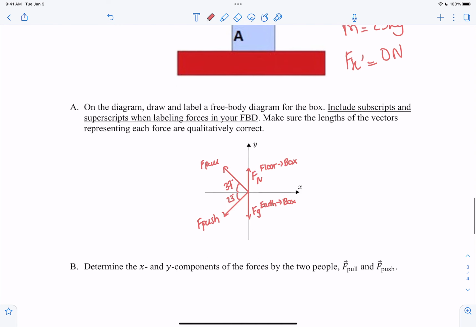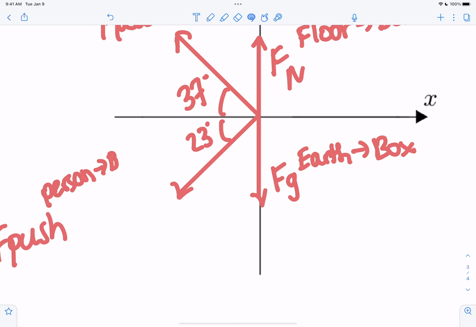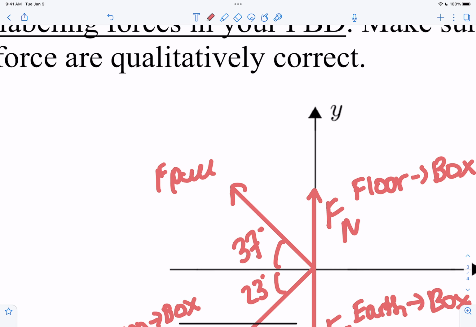So we can just say maybe person on box. Person on box, right? For example. And then we can say pull, also person on box.